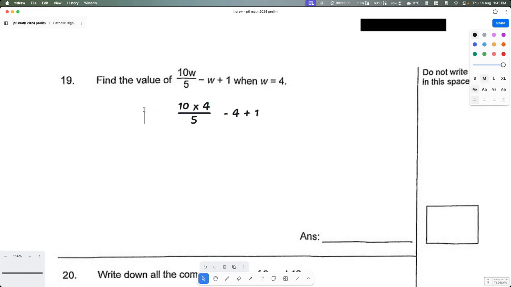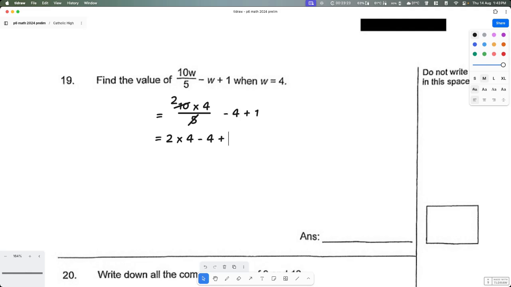What is 10 times 4? You can cancel 5 and 10: 5 becomes 1, 10 becomes 2. So this becomes 2 times 4 minus 4 plus 1.